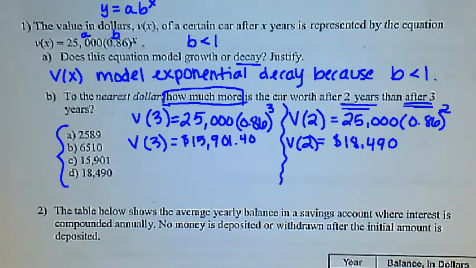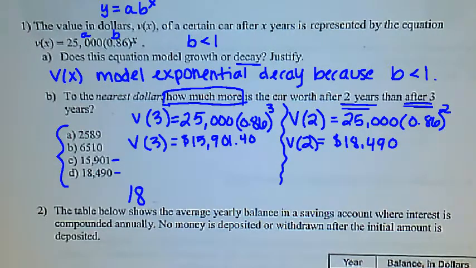The important thing to remember, a way to check that you put this in correctly: this is a decay, so at 2 years, it should be higher than at 3 years. Now the last step we're going to do, so notice both of those answers are right here. If you don't read the question, you're going to get it wrong.